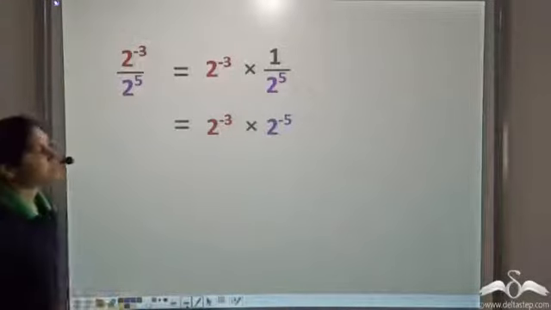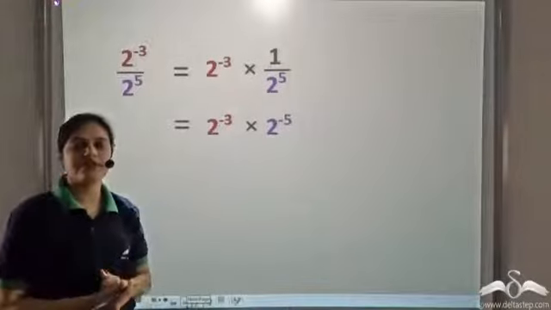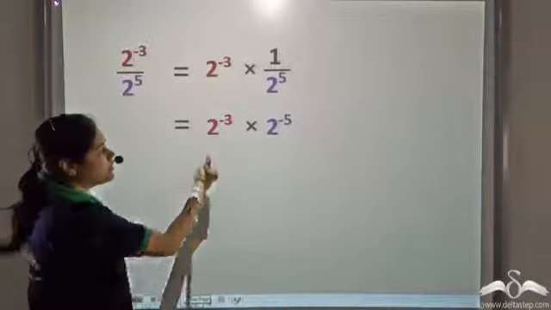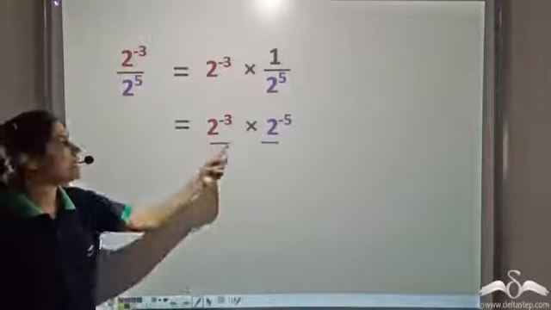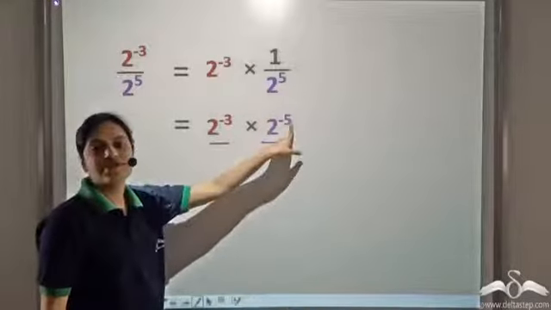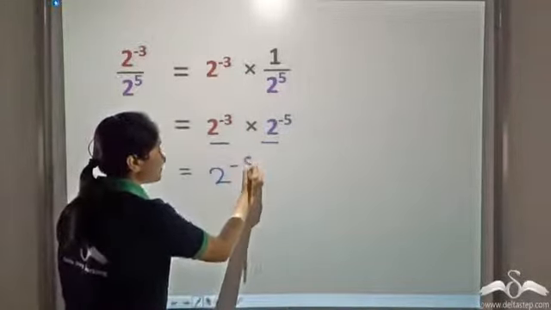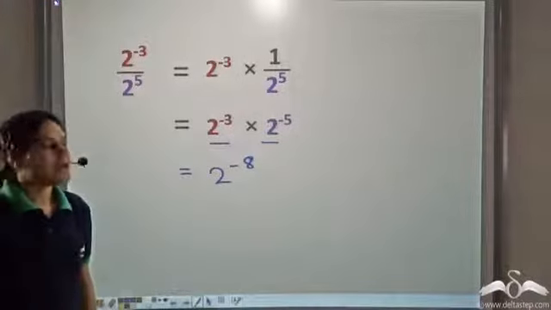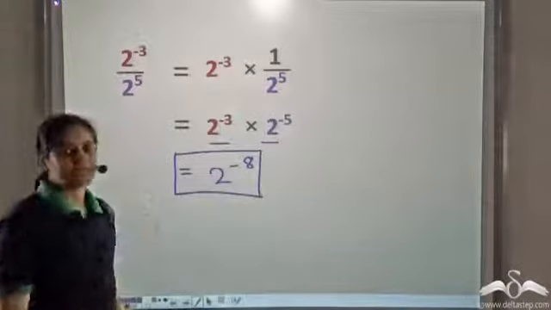So we write it as 2 to the power negative 3 into 2 to the power negative 5. Now these two are exponentials with the same base. They are getting multiplied. So we need to add the powers. So we write it as 2 to the power negative 8. And this is exactly what we have got in the previous case.